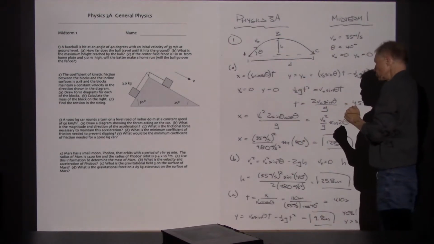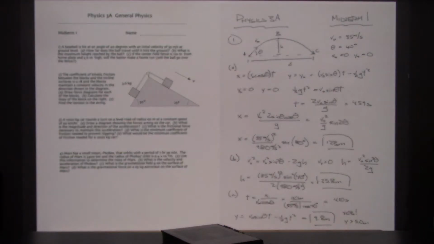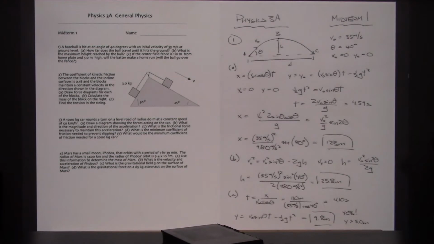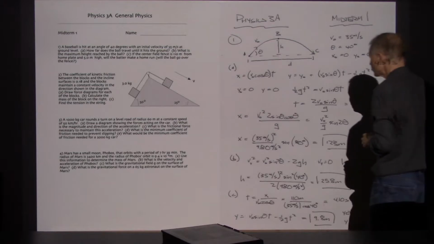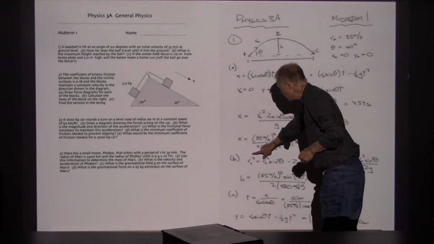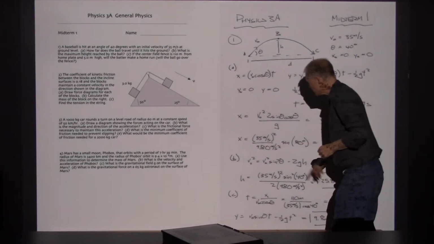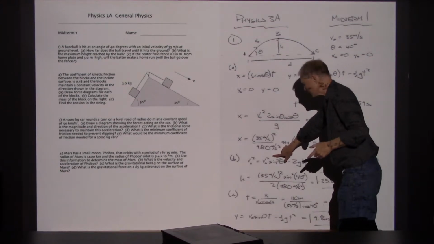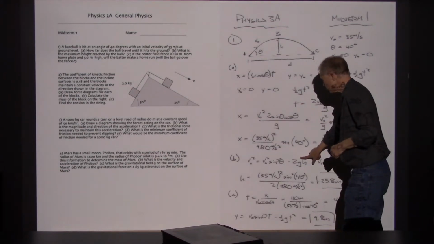What I could do is go back and use a different formula. I don't really have to work in terms of time. I can work exclusively in terms of distances, in terms of h, by using v squared in the y direction is equal to v naught squared in the y direction minus 2gh.